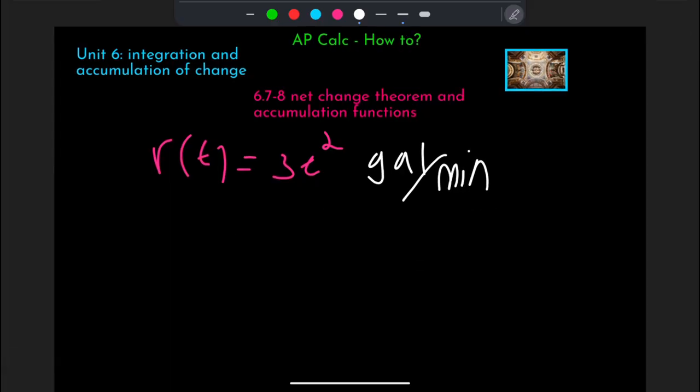How much water enters from t equals 1 to t equals 4 is the question.